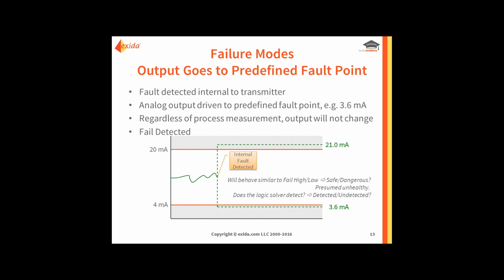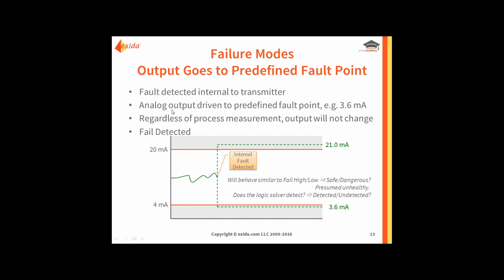And fail detected will be a failure that is detected internal to the transmitter, and the transmitter will drive it either over range or under range based on a jumper setting or switch setting. So those are the fail high, fail low, and fail detected failure modes of a transmitter that we then classify into safe and dangerous, detected or undetected, based on how we actually use that transmitter. So that's, I think, that question.